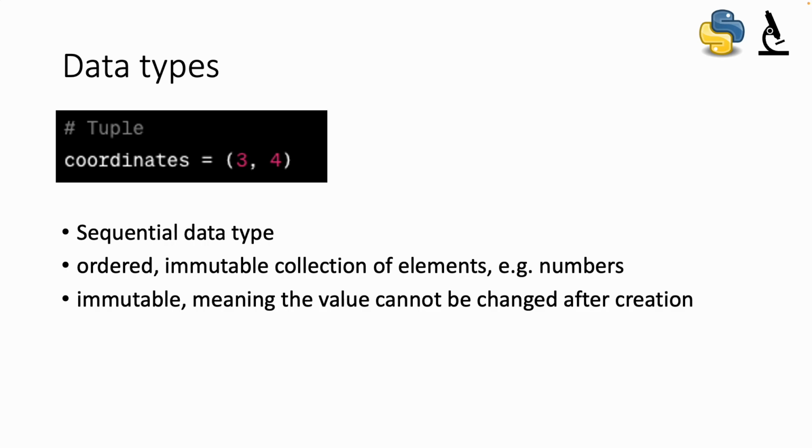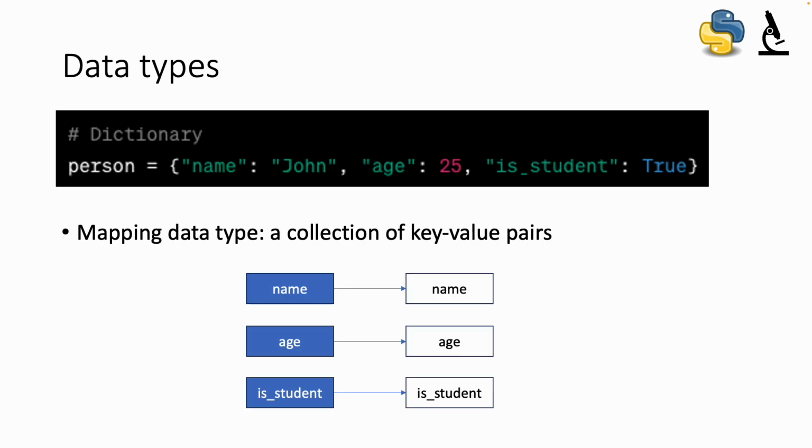And yes, next data type is the dictionary. This is a very interesting data type. So you have a collection of key value pairs, and the keys map to the values. So for example, the name, like right here, maps to the actual name, in this case John. The age, which is the key here, maps to a value of 25, and the Boolean variable is student maps to the value true.